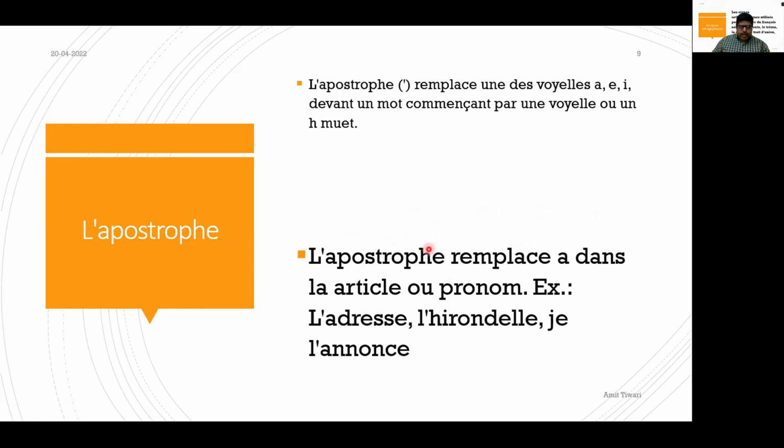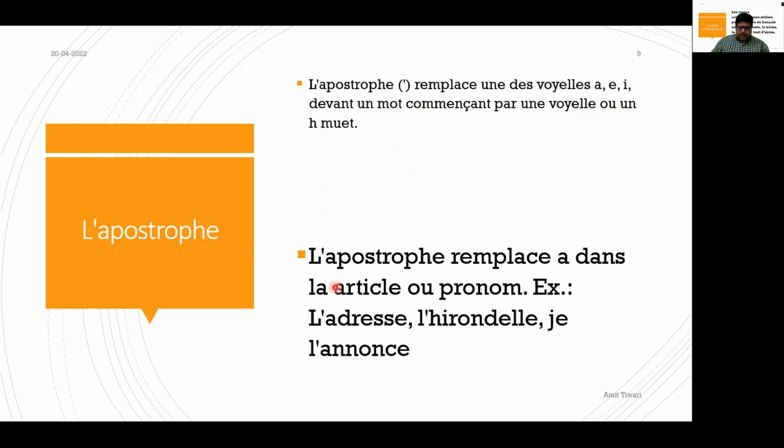The orthographic sign called the apostrophe is used in any language, especially French, mainly where there is a drop of a vowel, mainly A, E, I, not O, because it would be difficult to pronounce the sound of two vowels together.